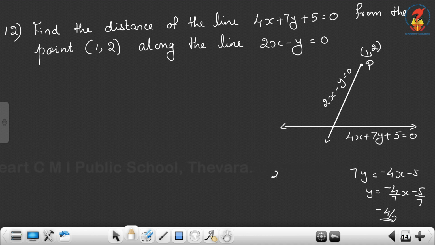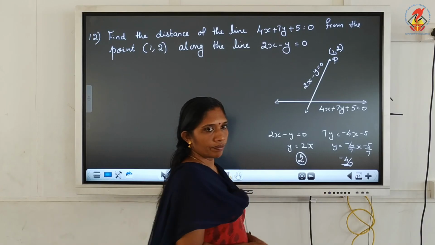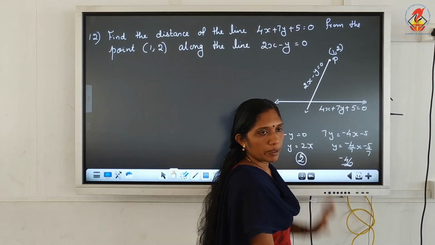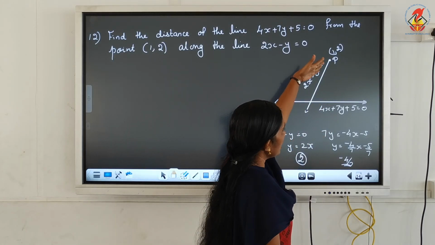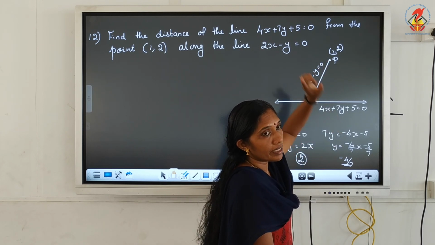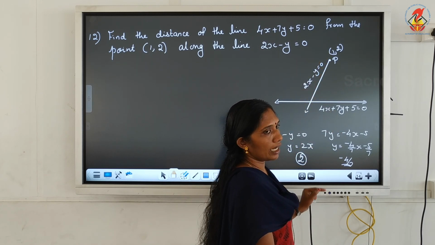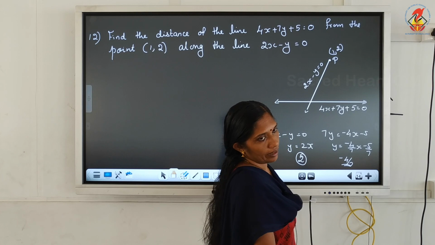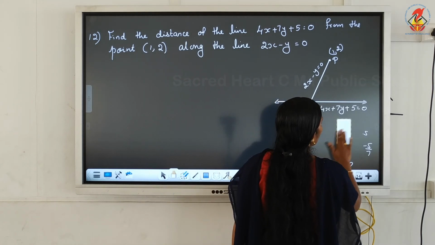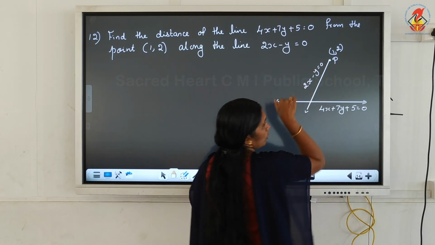What is the slope of 2x minus y is equal to 0? y is equal to 2x, slope is equal to 2. You multiply. Do you get minus 1? No. So, the lines are not perpendicular. That is why the figure is like this. A line and a point, we have to find the distance of the point from the line along the line. So, that does not mean perpendicular distance.